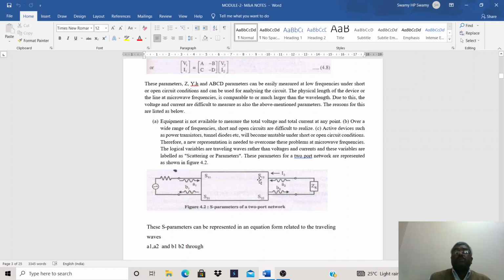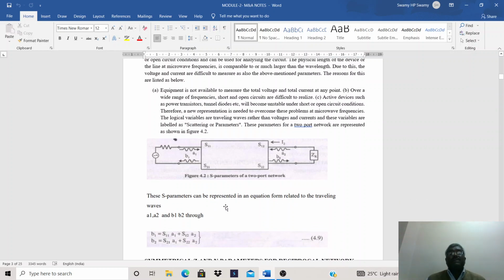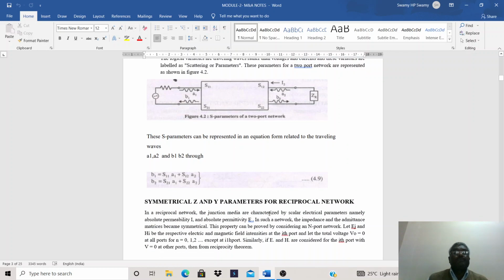S12 is the parameter between the output port and the input port. S21 is the parameter from input port to output port, and S22 is the output parameter across the output port. These S parameters can be represented in equation form related to the traveling waves.